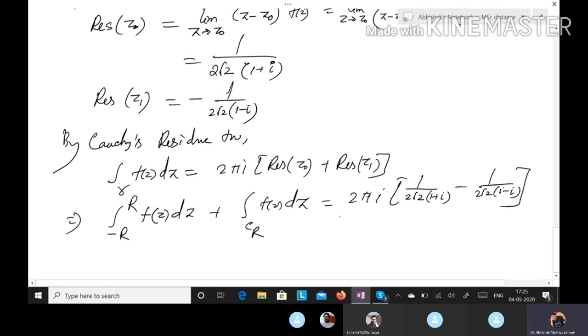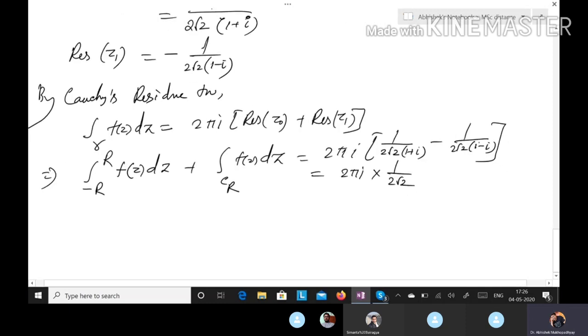Now if we calculate this one, this will be 2 pi i times 1 by 2 root 2, which is common, and then we have (1 plus i) minus (1 minus i).